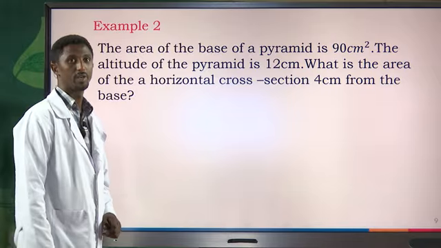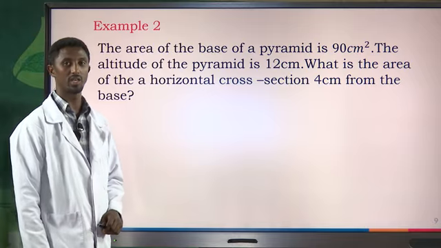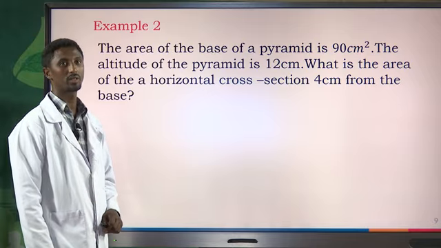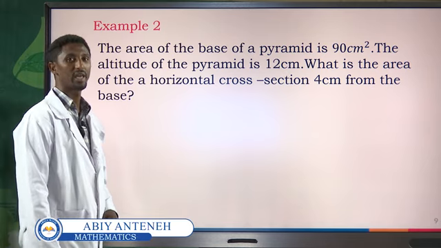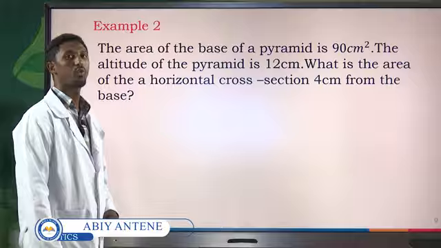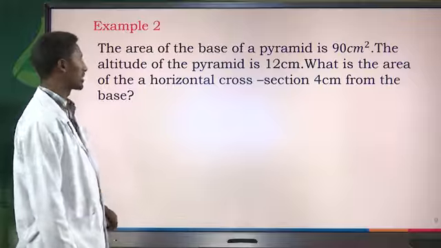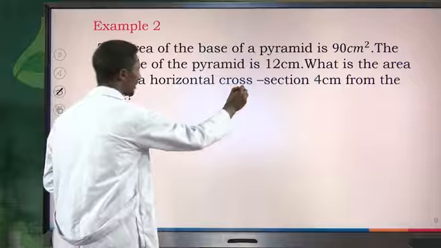Then another, example 2: the area of the base of a pyramid is 90 centimeter square. The altitude of the pyramid is 12 centimeter. What is the area of the cross-sectional area 4 centimeter from the base? Now, what's given?